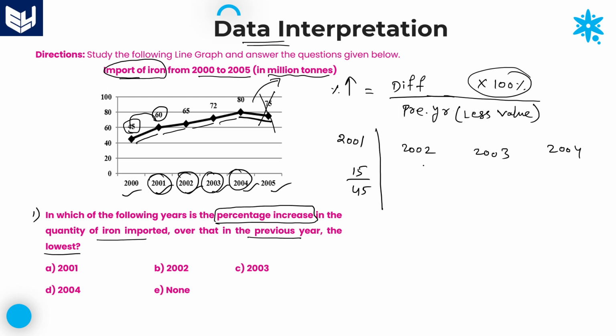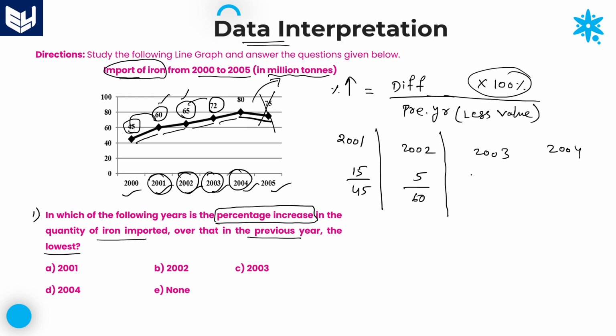This is the first value. Now coming to the second year, 2002: previous year value 60 and this year value 65. The difference between those two is 5, divided by the previous year value 60. Next, 2003: the value is 72 and the previous year 65.